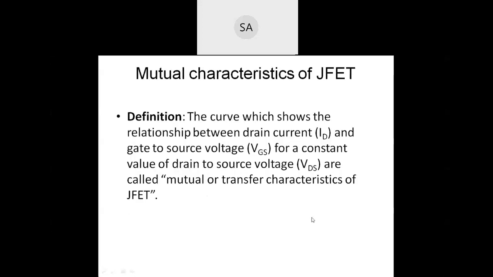Now, next, let us discuss the mutual transfer characteristics of the JFET. Mutual characteristics show the relation between the drain current and gate to source voltage for a constant value of drain to source voltage.